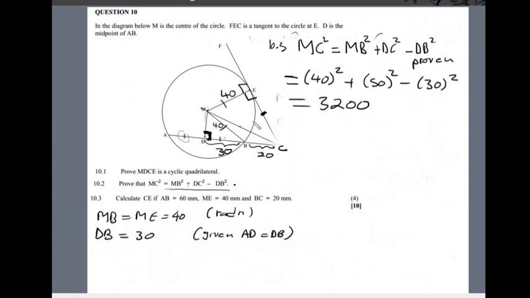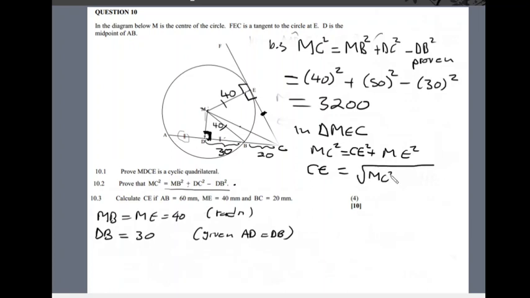Now applying the theorem of Pythagoras in triangle EMC. In triangle MEC, MC squared is equal to CE squared, which is what you want to calculate, plus ME squared, right? And then making CE the subject, CE is equal to the square root of MC squared minus ME squared, right?